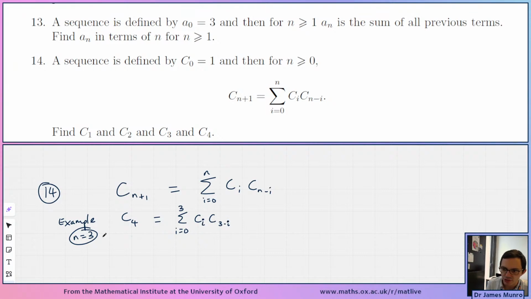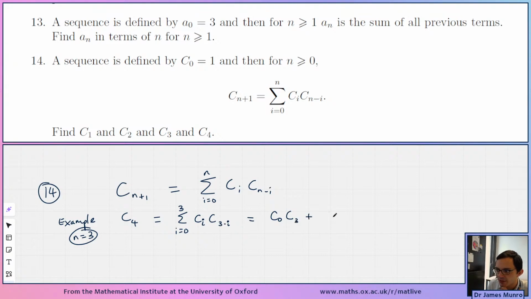Okay, so I've chosen my value as 3, just to give you an example. It says C4. Oh, brilliant, that's one of the things I care about. C4 is the sum from i is 0 to 3 of these things, which means that I'm supposed to do a kind of for loop, if you like, computer scientists in chat. A sort of for loop where I am also summing as I go along. So first I put in i equals 0, and that gives me C0, C3 minus 0.